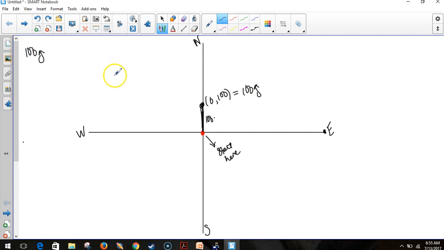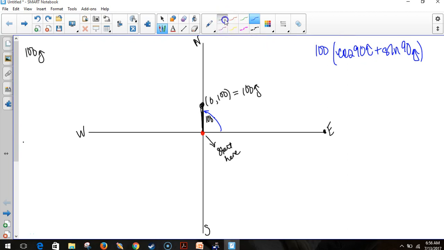So let's think about, how would I describe this using direction angles? Well, I would have had to open up 90 degrees and then walk forward 100. So using a direction angle, it would be 100 for a magnitude, times the equivalent of cos 90 i hat, because that's the x part of my coordinate, and sin 90 j hat, because that's the y part of my coordinate.